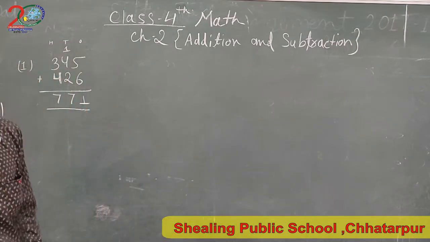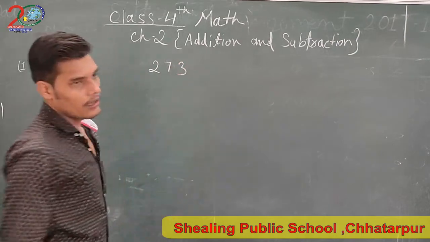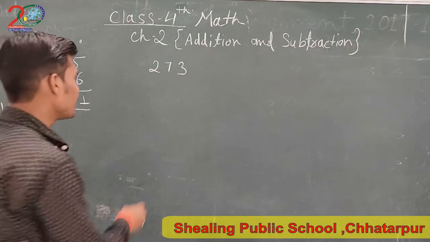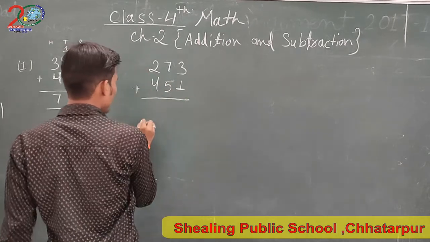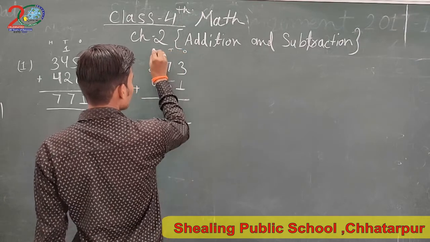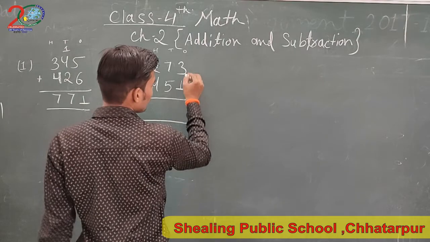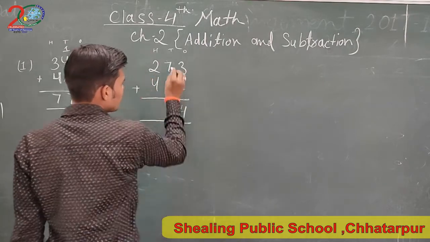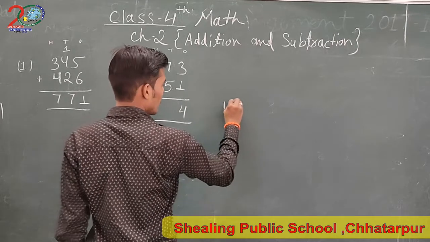Okay, one more: 273 add by 451, like this. First we take the ones value, then tens, then hundreds. So the ones value is 3 and 1, 4. 7 and 5, 12, like this.